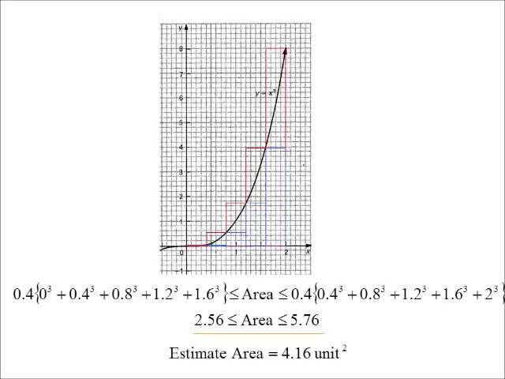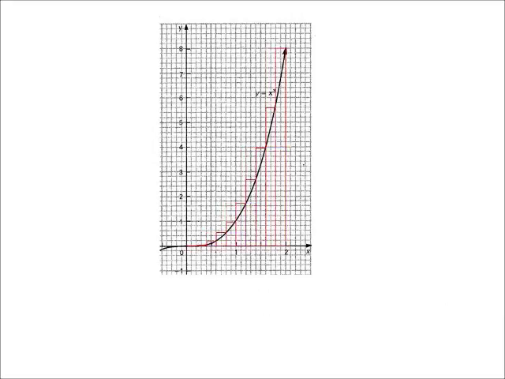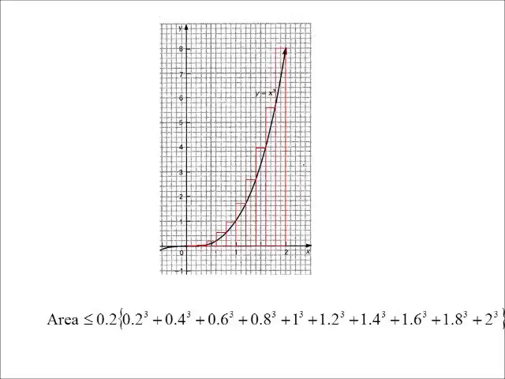Well, if 5 improved it, just imagine what 10 would do. Let's do 10. Okay, come on, where are your rectangles? Hey, there we go. Of course, the width of those is 0.2, and then it's times 0.2 cubed, 0.4 cubed, etc. That gives 4.84. The inner rectangles.